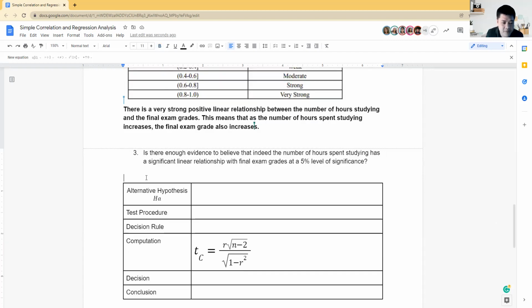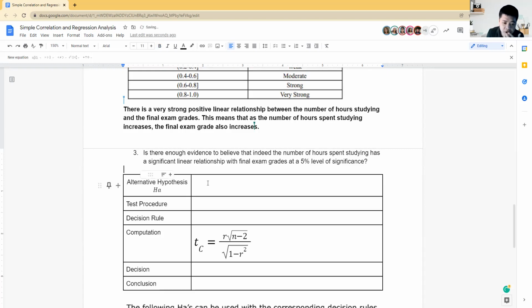So for number 3, is there enough evidence to believe that indeed the number of hours spent studying has a significant linear relationship with the final exam grades at 5% level of significance? So for the null hypothesis, you can just say there is no significant relationship.